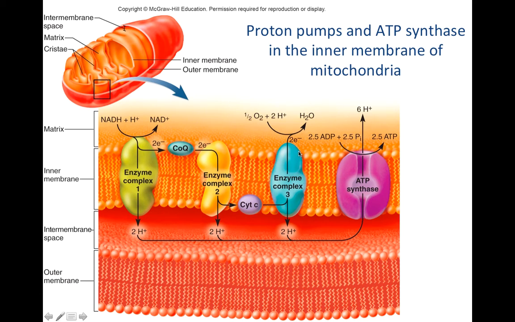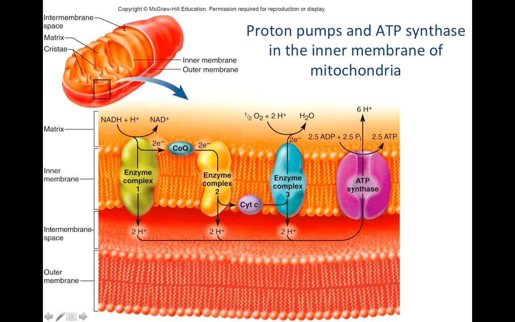By the time these electrons have been given to the final electron acceptor to make water, the electrons are done. But we're not done yet with these protons that have been pumped into the intermembrane space. So by now, you've generated a high electrochemical gradient of hydrogen ions. You have many of them present in this intermembrane space, not so many of them over here in the matrix.